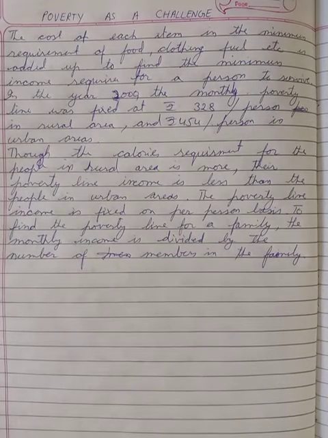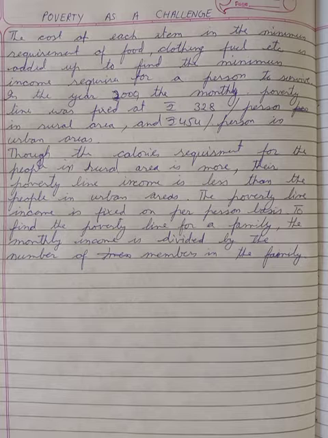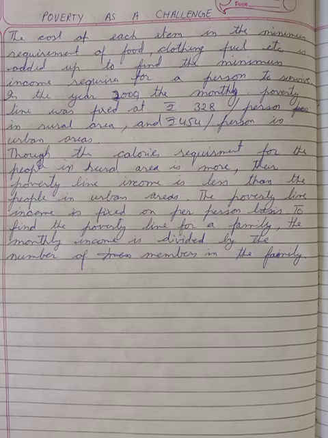You can find out how much money is coming into your house and how many family members are there. You can divide it out. Like if you find out a person is earning, say, a salary of 18,000, and if he has 6 members in the family to feed, to survive, then 18,000 divided by 6 is equal to 3,000.